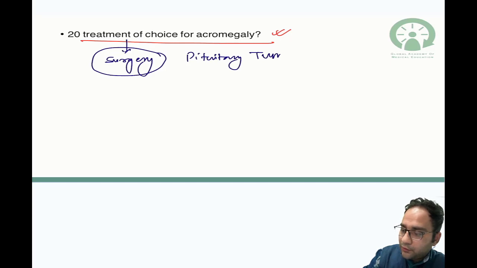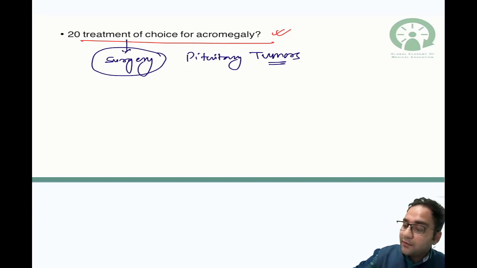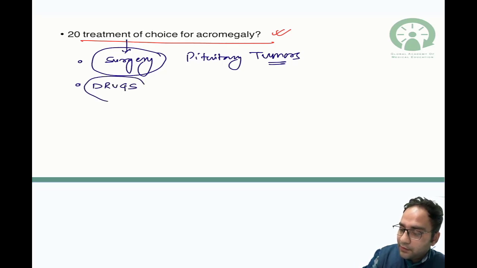Okay. So if a surgical approach was given in your option, then that would be the answer. But if they have not given the surgical approach and they are giving you different drugs, then accordingly your answer would change.